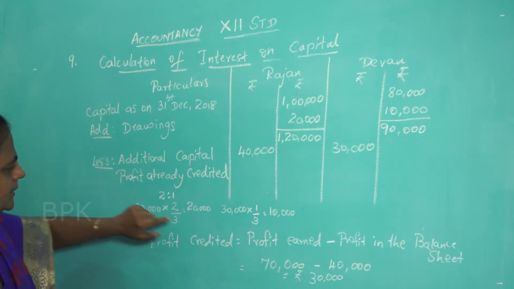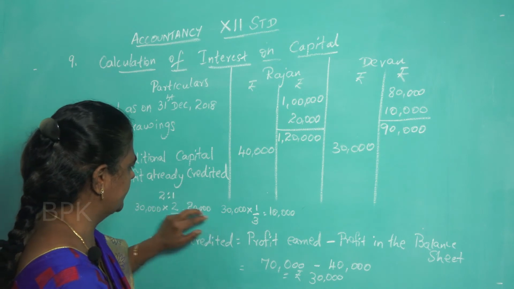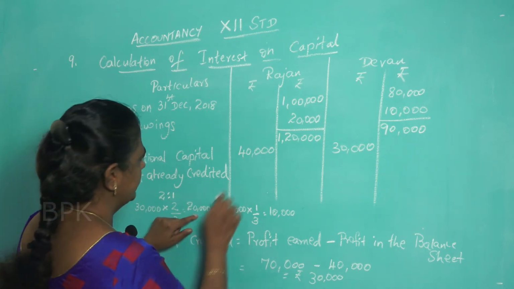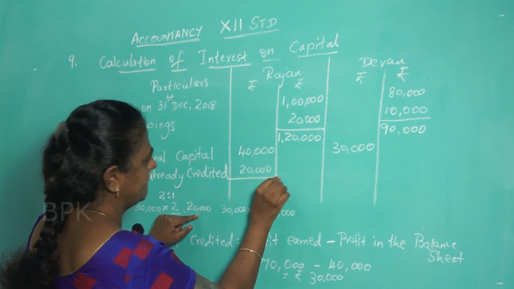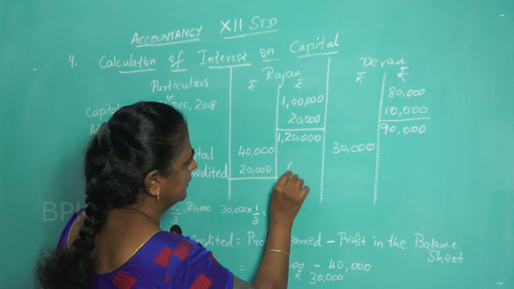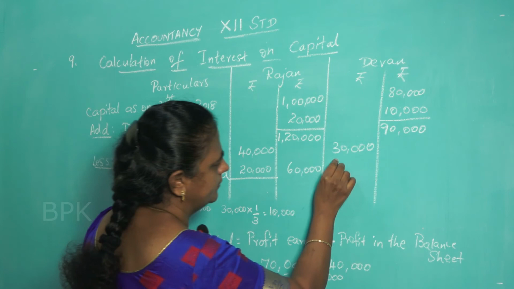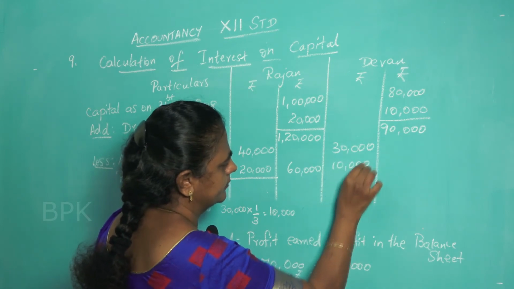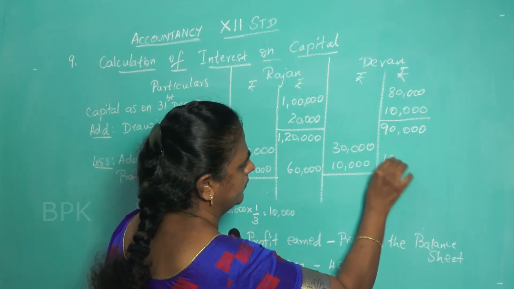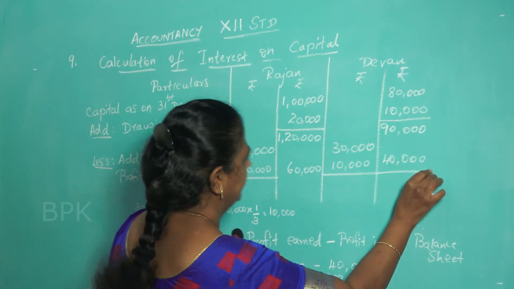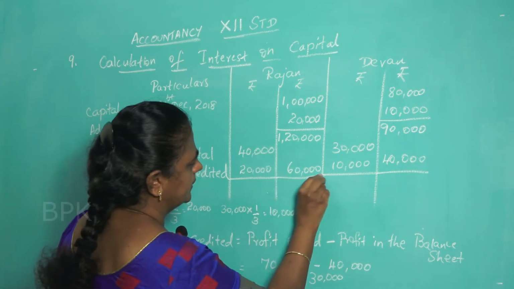Okay. Now this 20,000 and this 10,000 only is the profit already credited. So you take it here. For the first partner it is 20,000, put it here. For the second partner, it is 10,000. So 1,20,000 minus this gives 60,000.